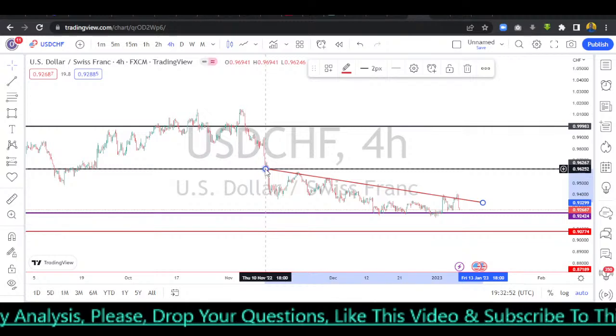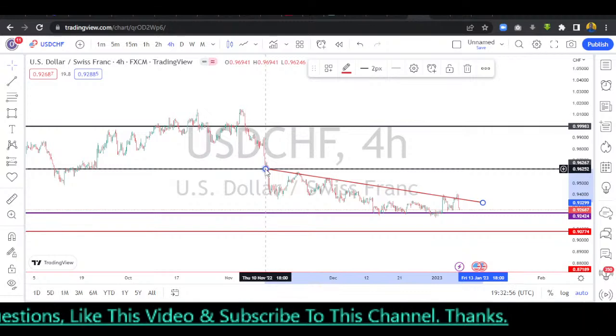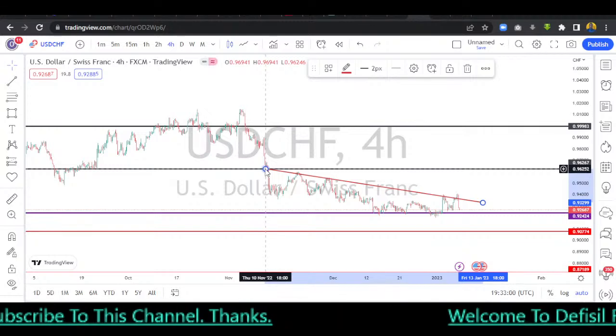So let's see what happens this coming week with this purple line. Let's see how the market behaves at that point.